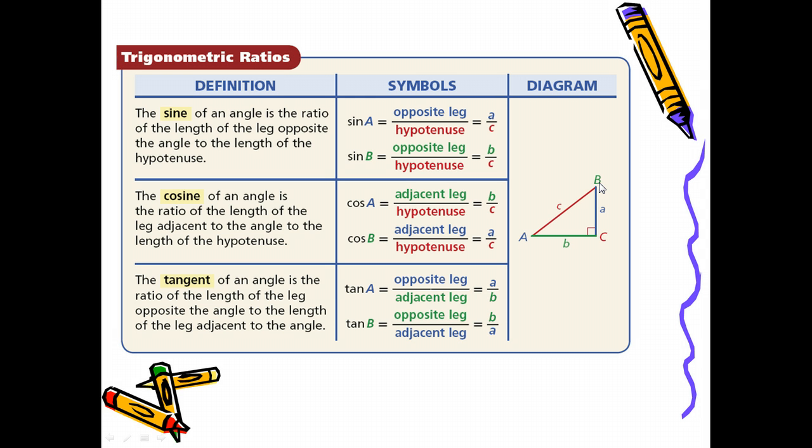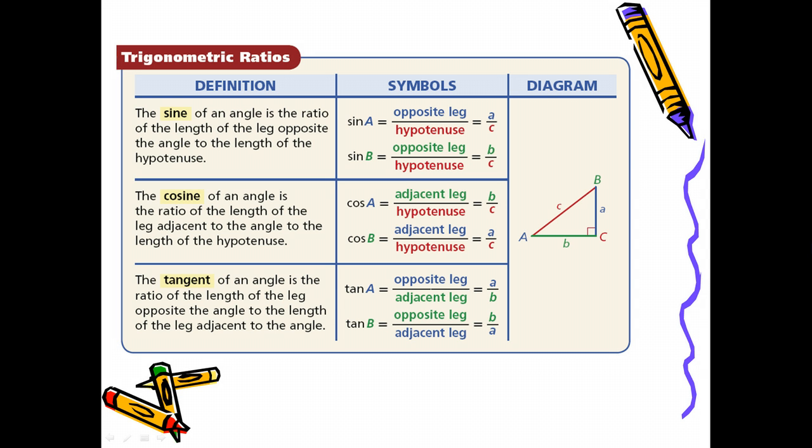And the cosine of B is A over C. If you stop for a minute and look, you'll notice that the sine of A is equal to the cosine of B, and the sine of B is equal to the cosine of A. This is because in a right triangle, A and B are complementary angles.